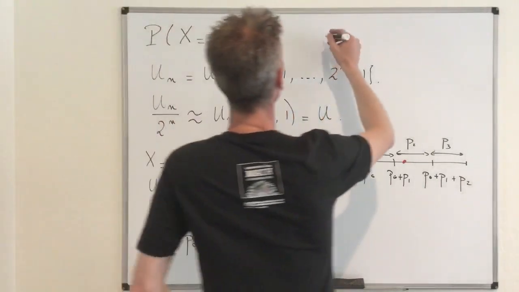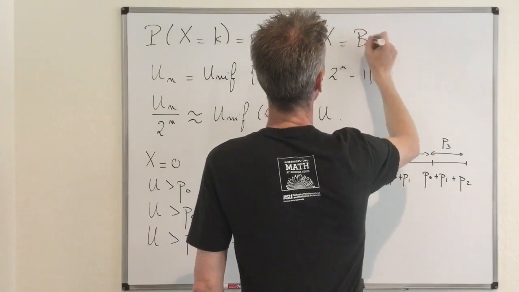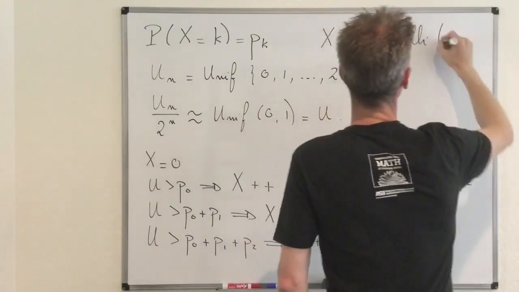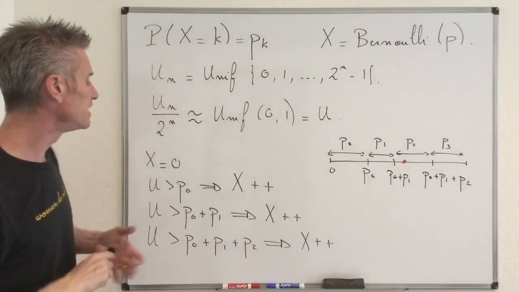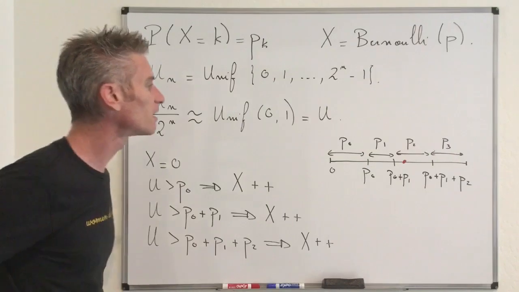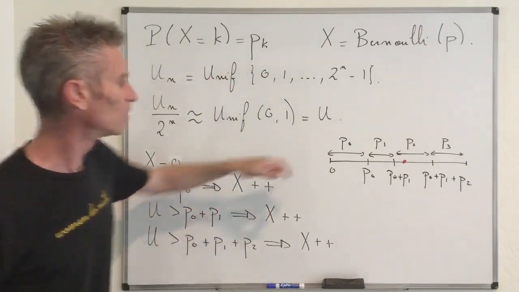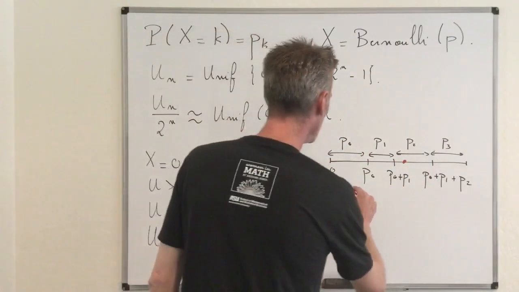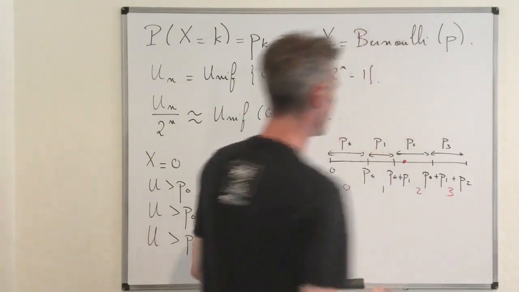So let's look at the particular case where x is Bernoulli with parameter p. In this case, it makes more sense. You see here, the way we give values to x depends on the position of u on this interval, and that's going to be 0, 1, 2, 3.